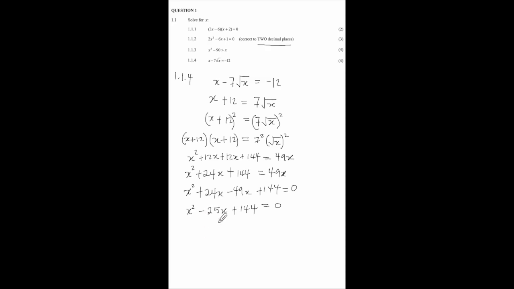The factors would be 9 and 16. So that would be negative 9 and negative 16. So I would say x squared minus 9x minus 16x plus 144 is equal to 0.